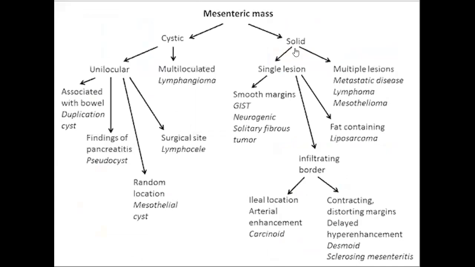As we mentioned, the solid lesion, if it is cystic lesion, if it is multiloculated, think about lymphangioma. If there is any surgical site or operation, think about lymphocele. Sure, in case of pancreatitis or any link to the pancreas, pseudocyst will be the best. If there is link between bowel, so bowel duplication cyst, and it comes in random location, think about mesothelial cyst.